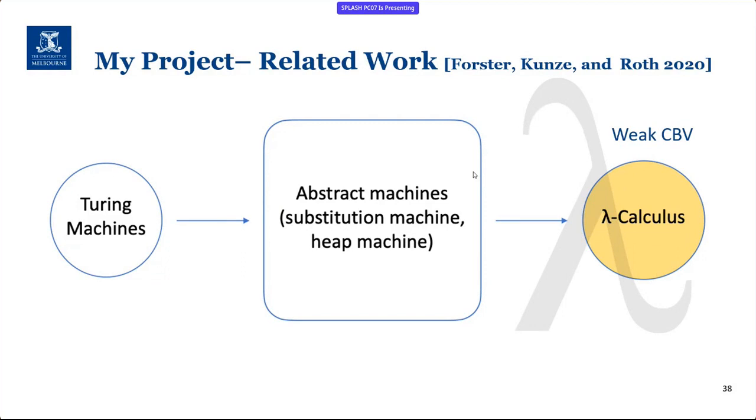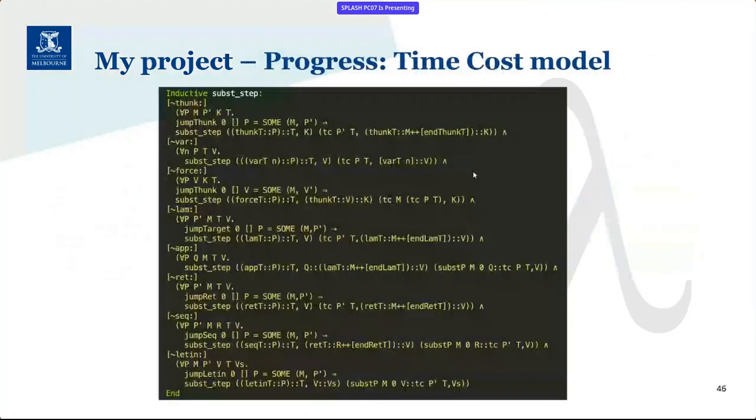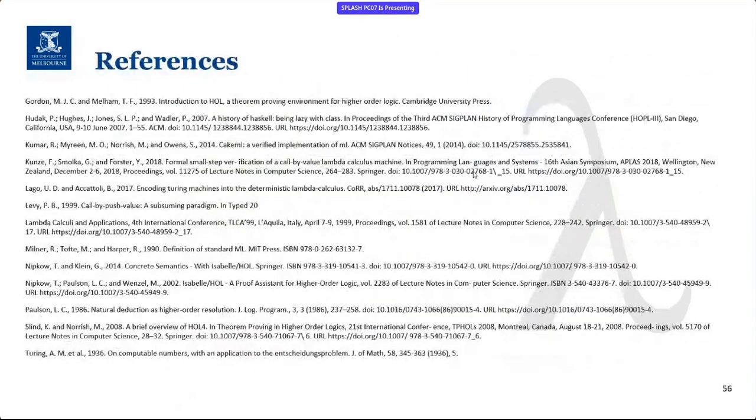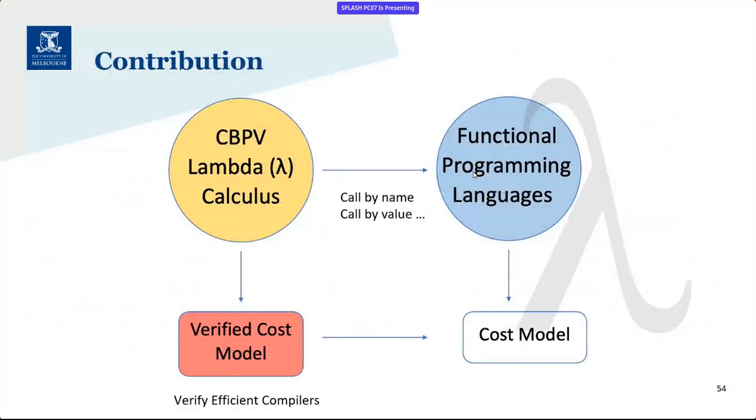You talked a lot about proving theorems, and I understand that's the main body of your thesis work. But when you're done, you'll have a way of modeling the cost of programs. The practical value of that is that people can use it to verify programs.